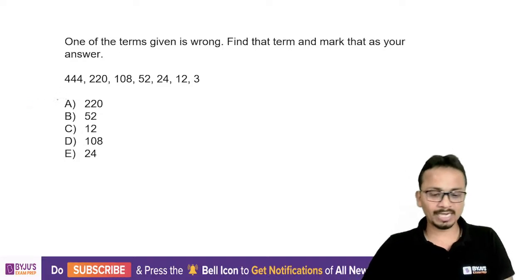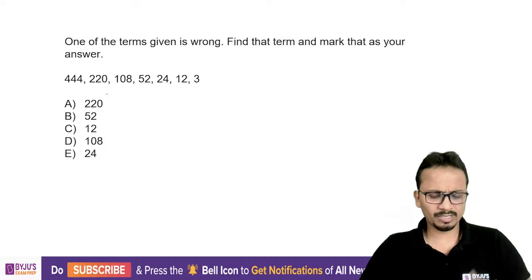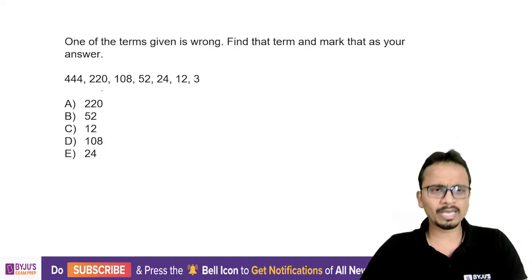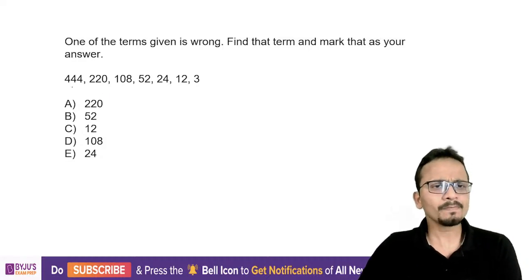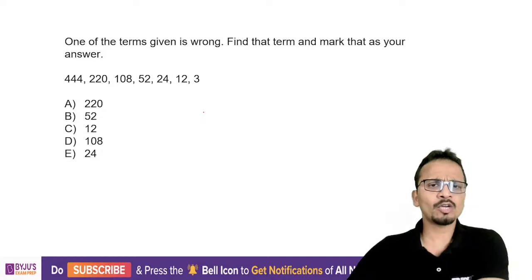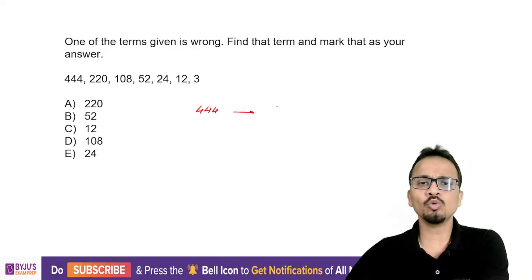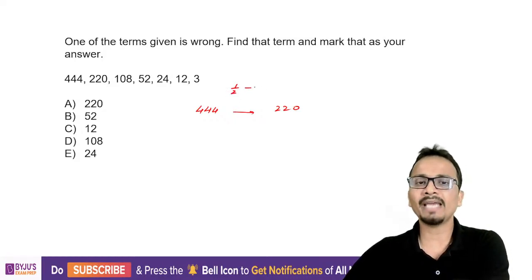All right. Now let's talk about this question. In the meanwhile, all of you can tell me the logic that is being used. Now, if I go from 444 to 220, then what has happened? Half of 444, so 444 divided by 2, that is 222, then minus 2.